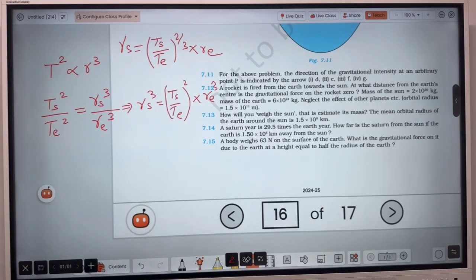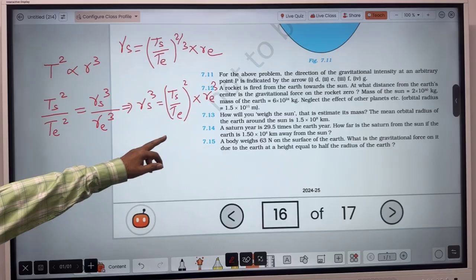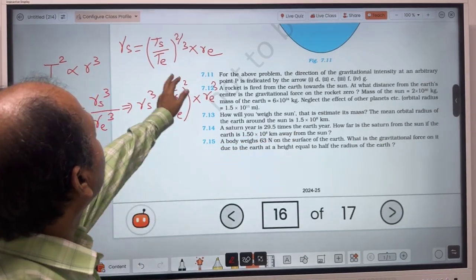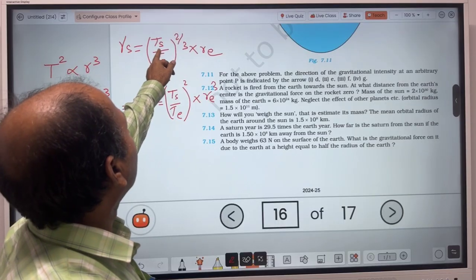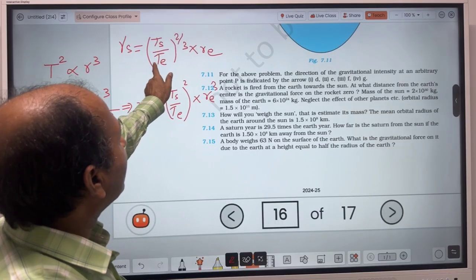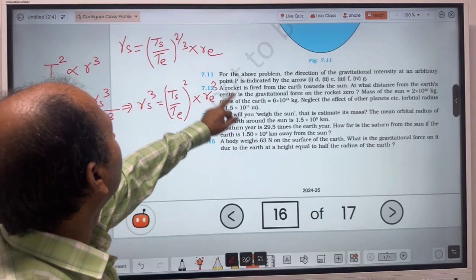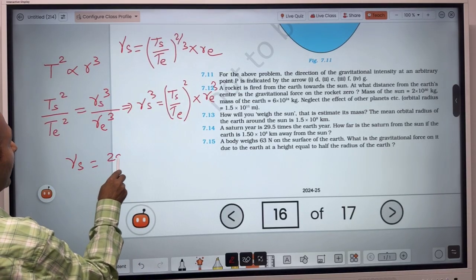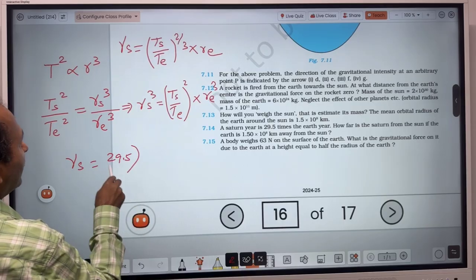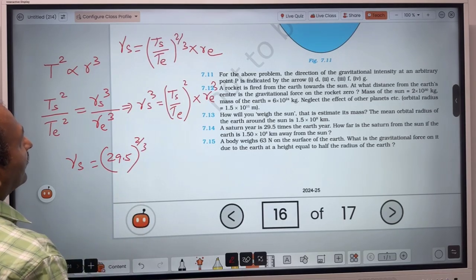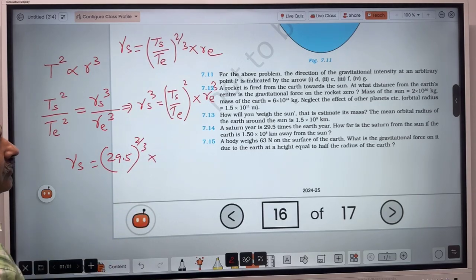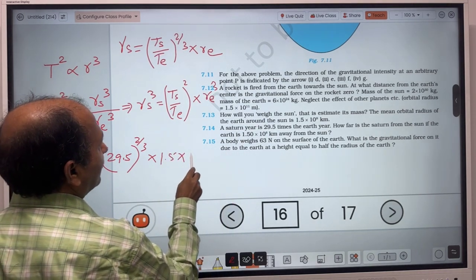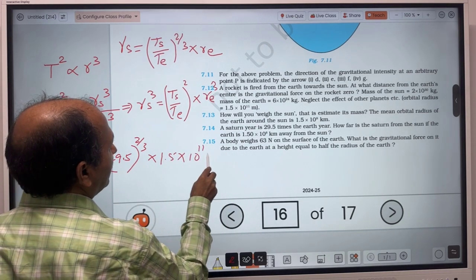Now you can put the values. So here Saturn year is 29.5 times that of Earth's year. So do one thing. There you can write 29.5 TE and then they will get cancelled. Only 29.5 will be left. So RS equal to 29.5 whole power 2 by 3 into RE. In place of RE, you can write this value 1.5 into 10 to the power 11 meter.